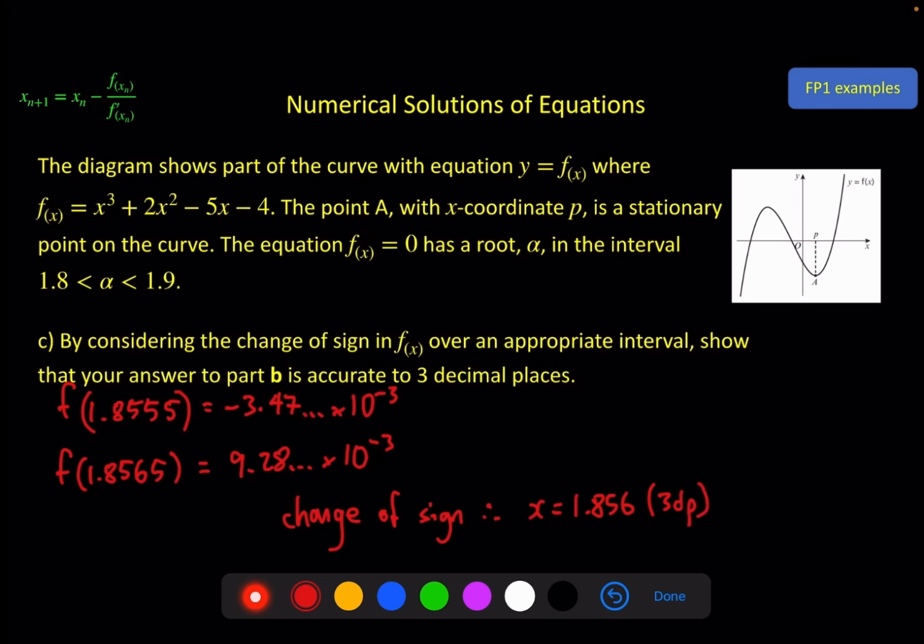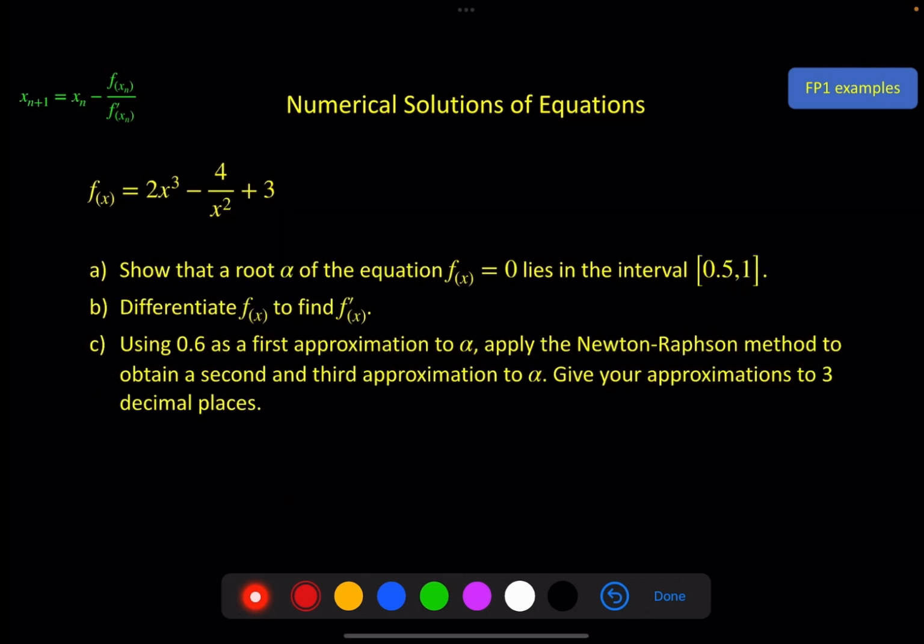Now there's only one example of this in the textbook, so I've made up another example here, and I'll go through this one as well. Show that root alpha of the equation f of x equals 0, where this is f of x, lies in the interval 0.5 to 1. So this is another change of sign question. We just need to show that this is true.